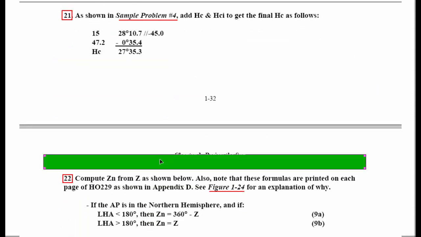Okay, so that gives us HC, the calculated altitude. That would be the altitude of the sun above your horizon if you were located at the assumed position when you took the shot of the sun.